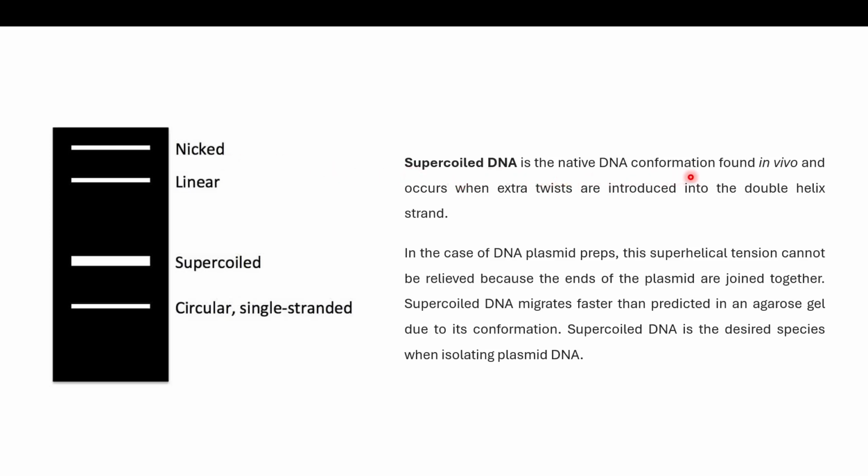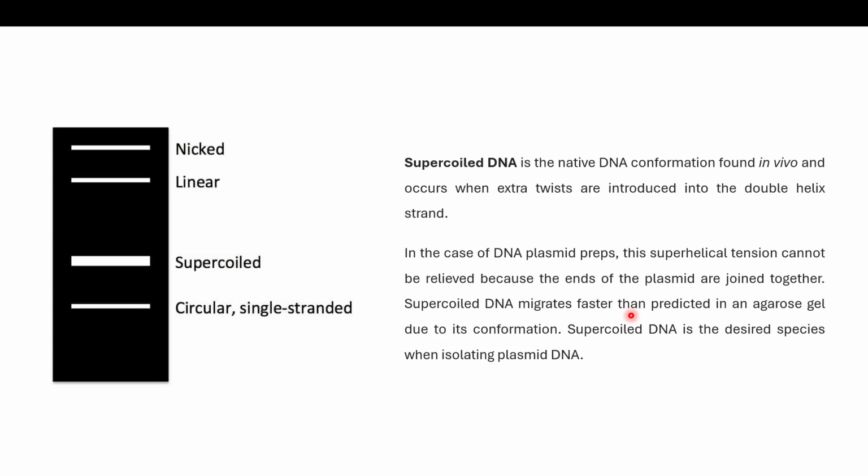Supercoiled DNA is the native DNA conformation found in vivo, which means inside the cells, and occurs when extra twists are introduced into the double helical strand. In the case of plasmid DNA preps, this superhelical tension cannot be relieved because the ends of the plasmids are joined together. Supercoiled DNA migrates faster because it's more compact and its hydrodynamic radius, the overall size, is reduced.